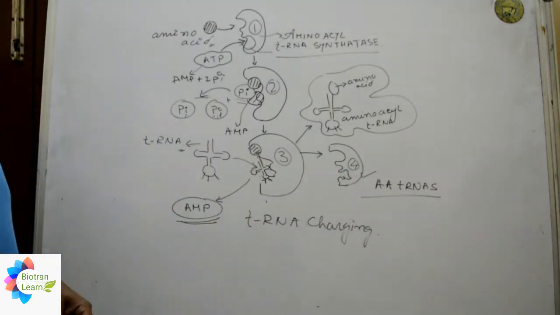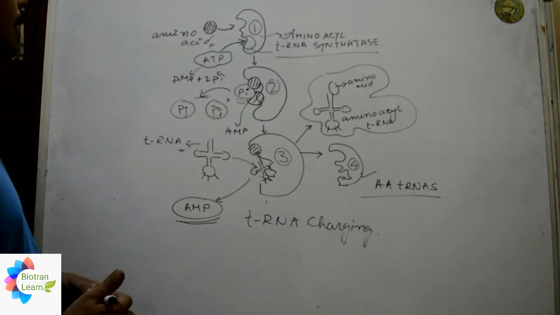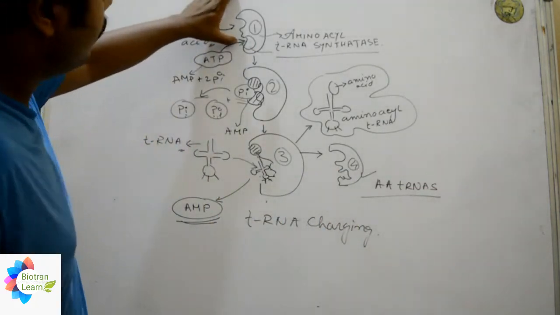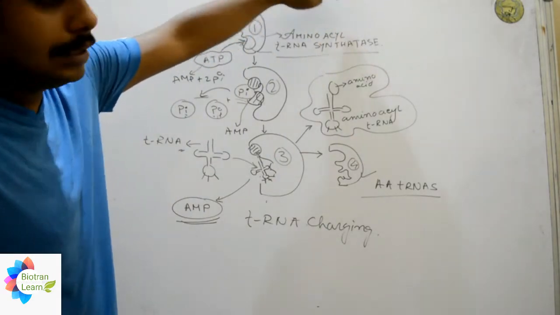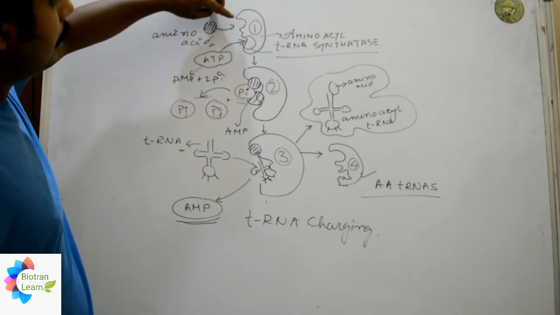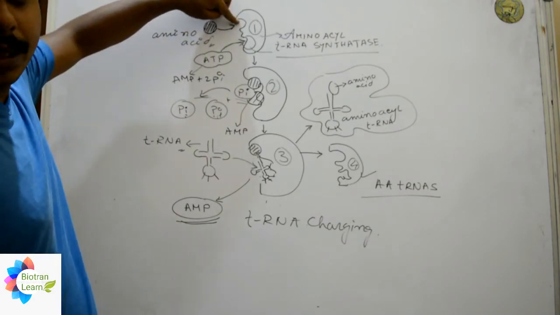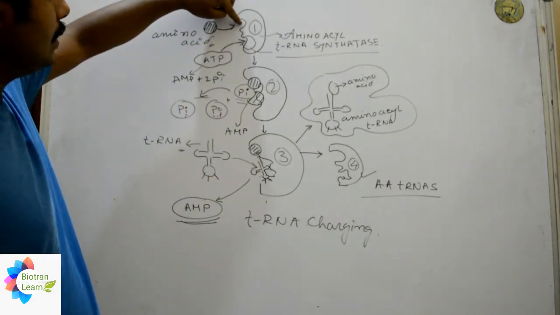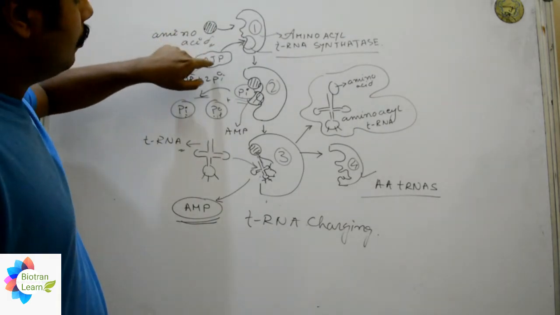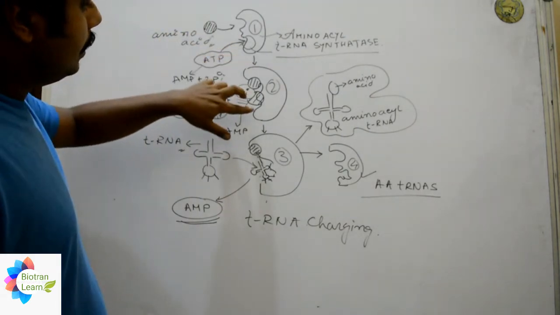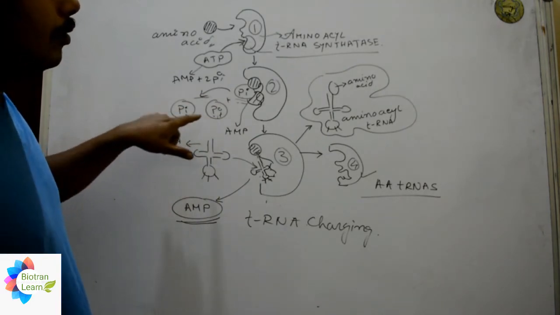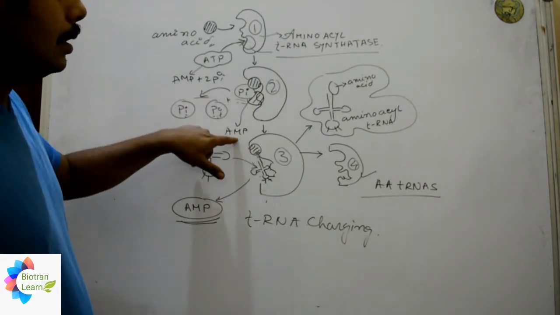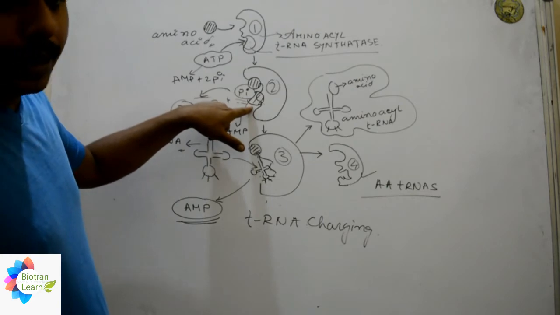Right. So what is the process? I am repeating again. First, the ATP binds to the amino-acyl tRNA synthetase. Then the amino acid binds in its substrate binding site, and afterwards, when ATP gets degraded, it releases 2 Pi or 2 inorganic phosphates, and the AMP remains in this section.